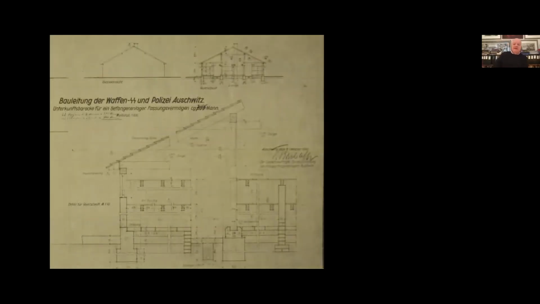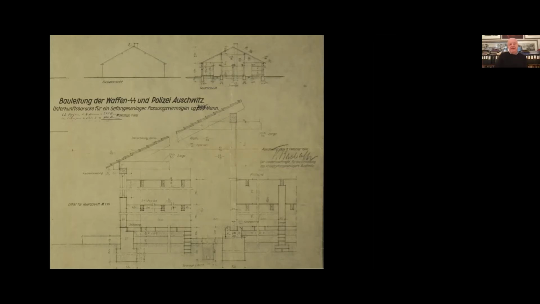And what makes this drawing very interesting is that when we're looking at the capacity, we see that it says it is a dwelling barrack, an Unterkunftsbaracke, a dormitory, für ein Gefangenenlager, for a prisoner of war camp, Fassungsvermögen, that means capacity, and originally says around 550 men, but then we see that in pencil this is changed to 748.